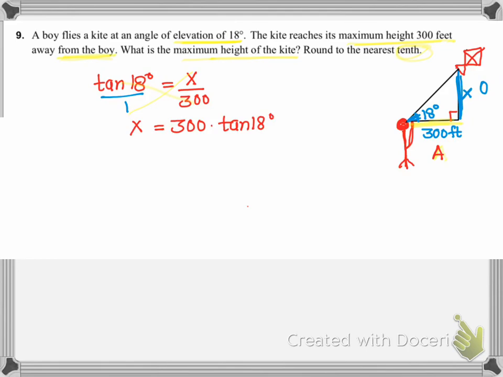Plug in the values, and keep in mind we have to find it to the nearest tenth, so the solution will be 97.5 feet. So the height of the kite is 97.5 in this case. Let's move to the next problem.